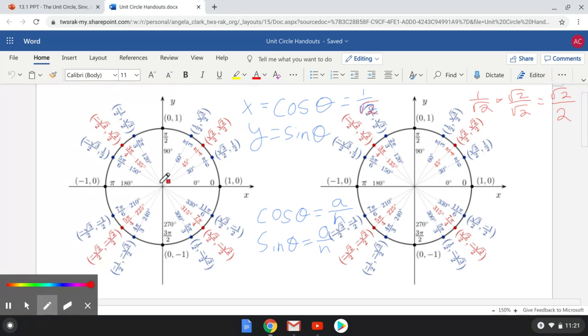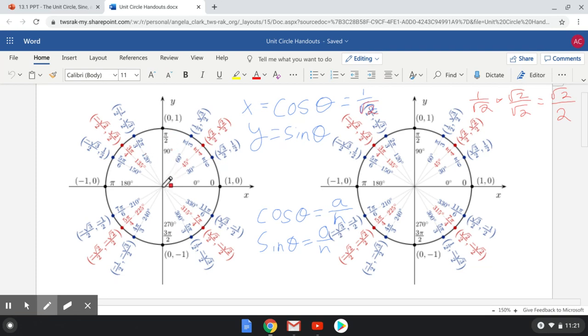So if we have a 90 degree angle, right? This is a 90 degree angle. We don't really have a triangle here. But if we think about it, we've said that the cosine is x and the sine is y. So if the cosine is x, well, x right here is 0.